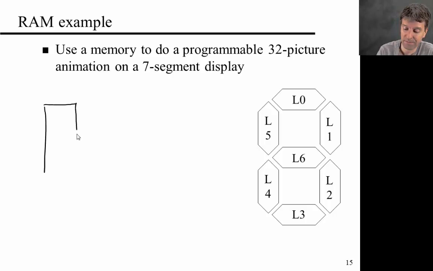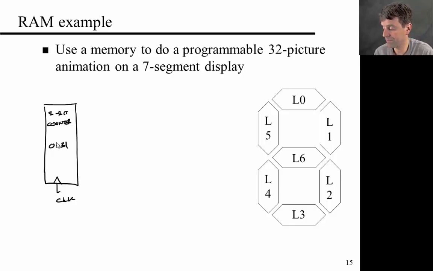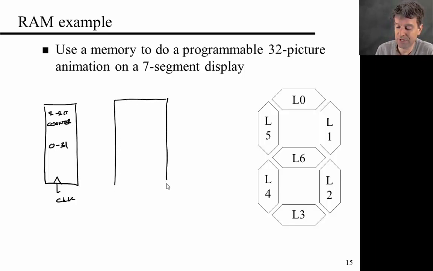Let's say a counter here with a clock. So maybe it's a 5-bit counter. Counts from 0 to 31, and that may be connected to a memory, and specifically it's a 32 by 7 memory.